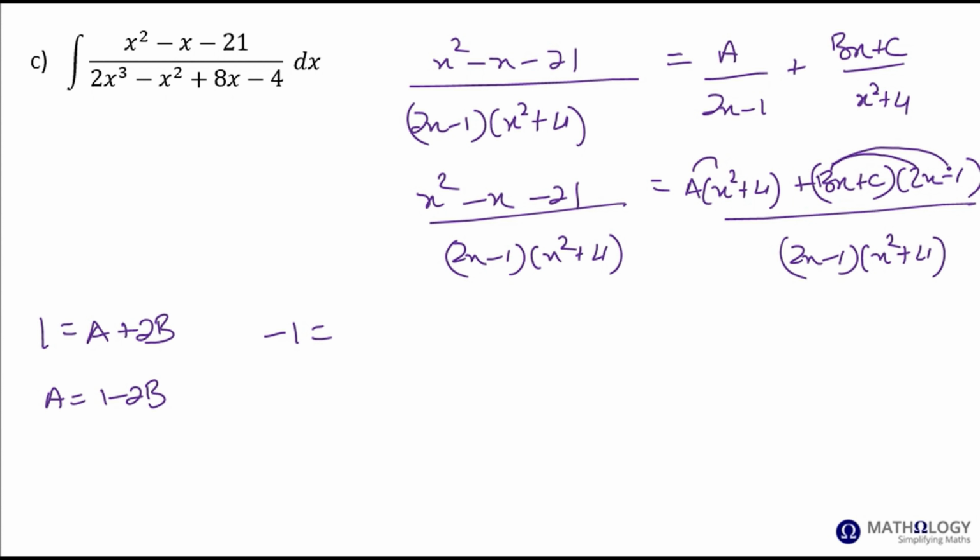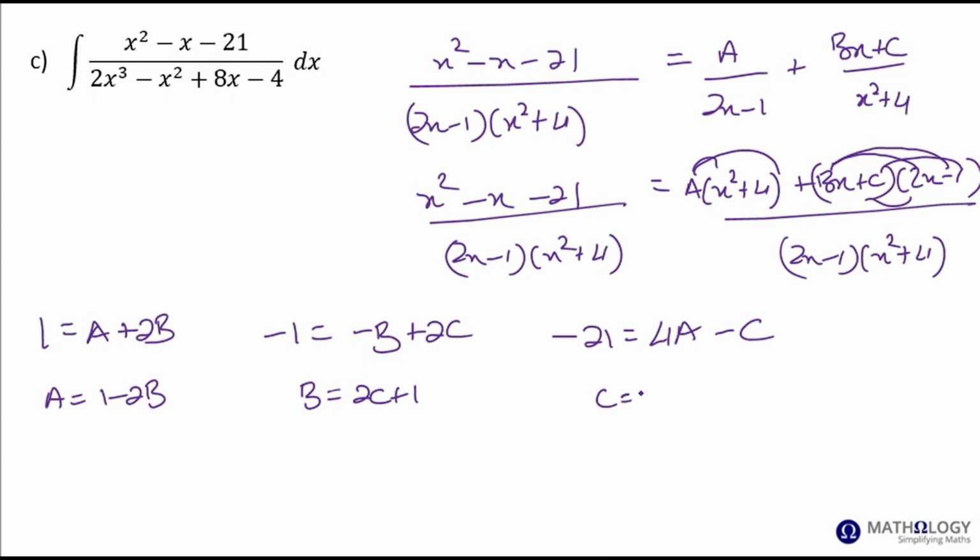We will have minus b plus 2c. So b equals 2c plus 1. And the constant term is minus 21 equals, we'll have 4a. So these two terms here. And minus c. So c equals 4a plus 21.